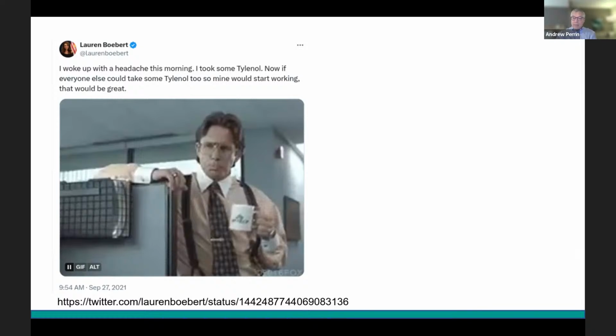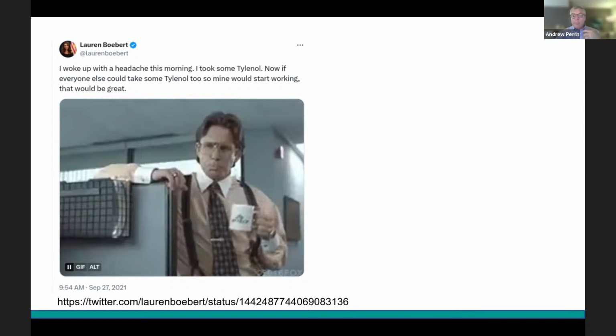This is right in the middle of the beginning of the COVID vaccine debates. And what she's trying to do is to make a claim that other people shouldn't have to take a medicine in order for my medicine to work, right? And so everyone should choose whether or not they get vaccinated because it's a personal decision to prevent a personal disease.